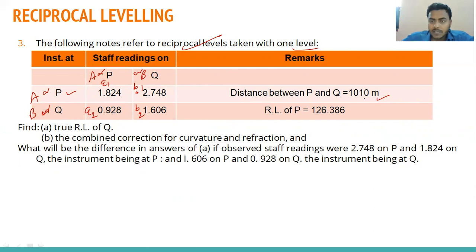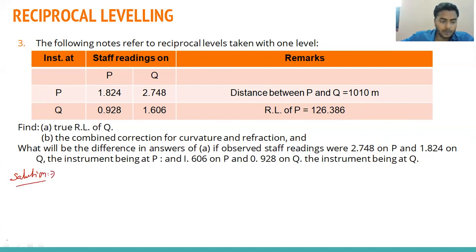This is talking about horizontal distance. The reduced level of P is 126.386, I guess in meters. Now come to the solution.